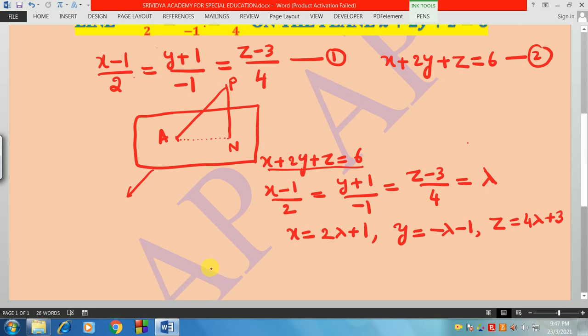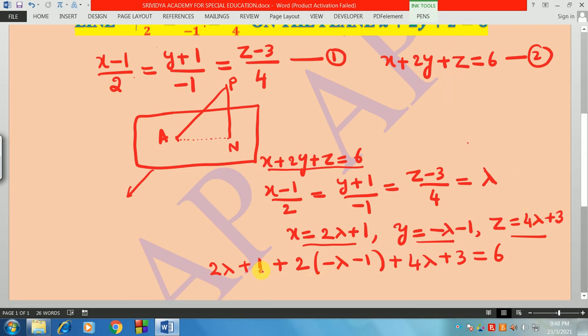Therefore we get (2 lambda + 1) + 2(-lambda - 1) + (4 lambda + 3) = 6. We substituted the values of x, y and z in equation 2.